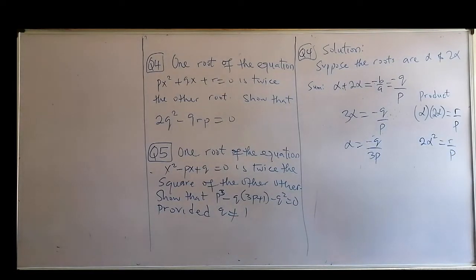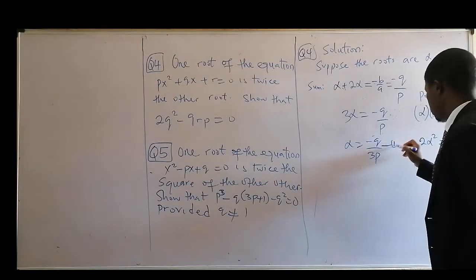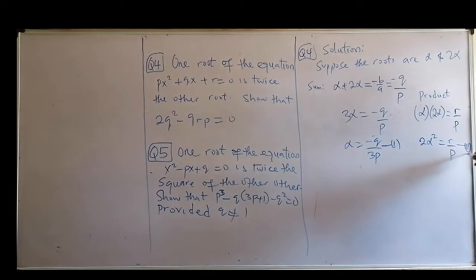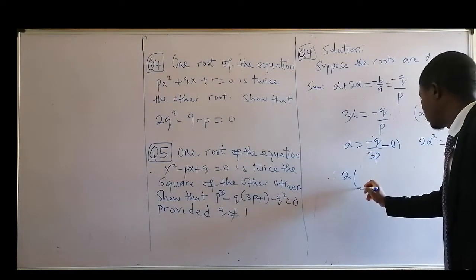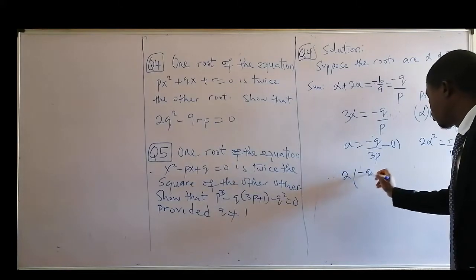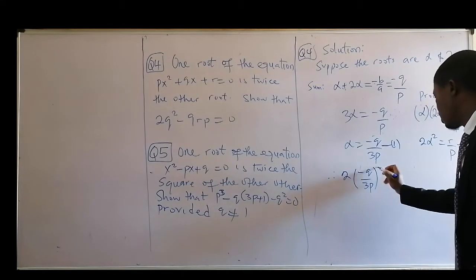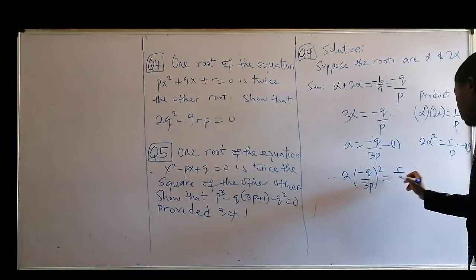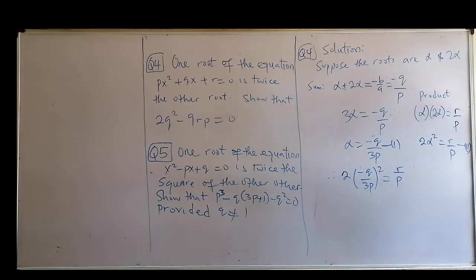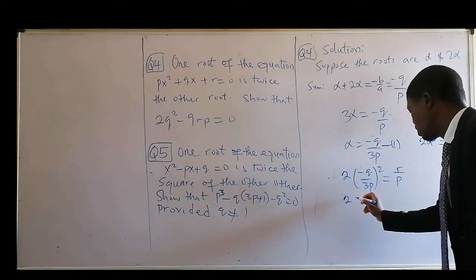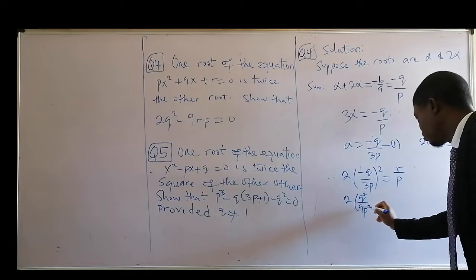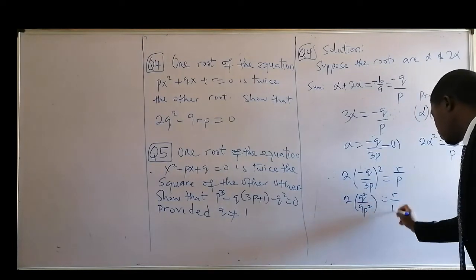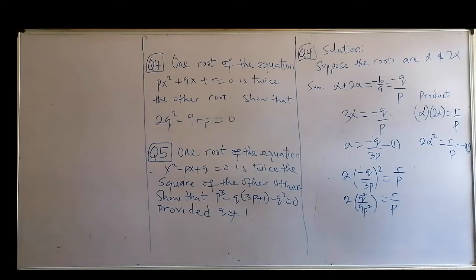So what I can do now, call this one 1, call this one 2. Plug in 1 into 2. So you now have 2 into brackets minus q over 3p squared equal to r over p. That will be 2 times q squared over 9p squared equal to r over p.